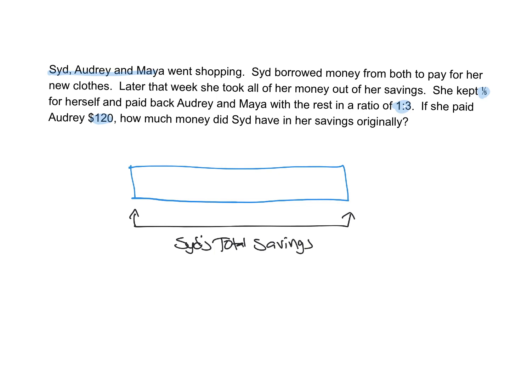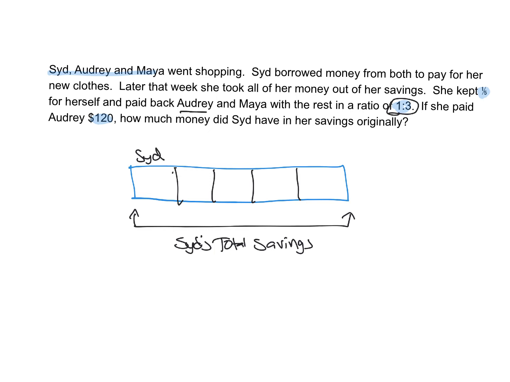Now, it said that Sid kept 1/5 for herself. So that means her total savings is going to be cut into 5 parts, and she's going to keep 1/5. So this is going to be the part that Sid keeps. At this point, we look at this ratio of 1:3.